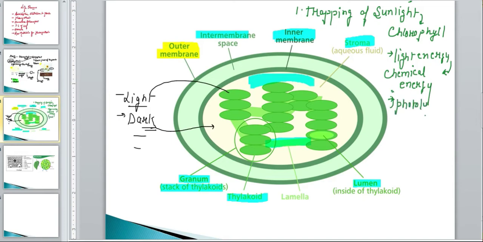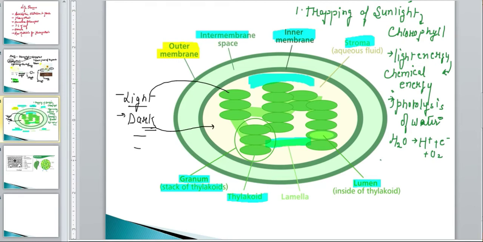What is photolysis? Splitting of water. Splitting of water occurs, which is called photolysis, and here the H2O is split into hydrogen, electrons and the oxygen.